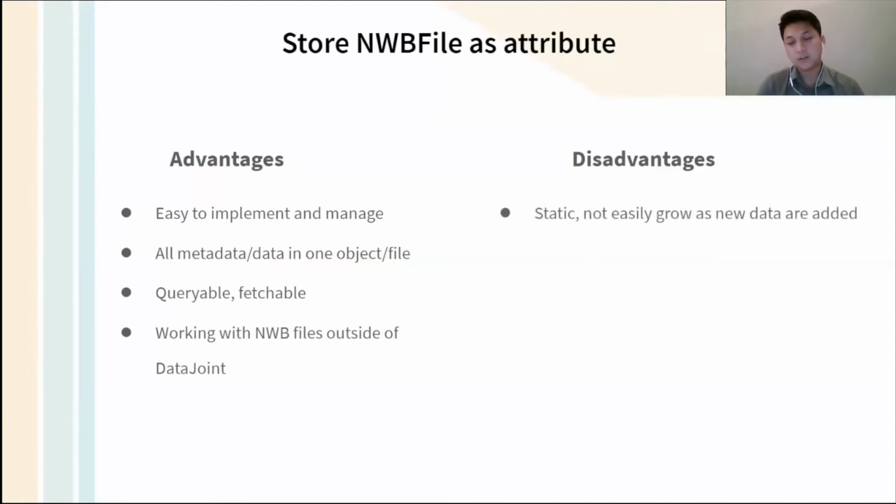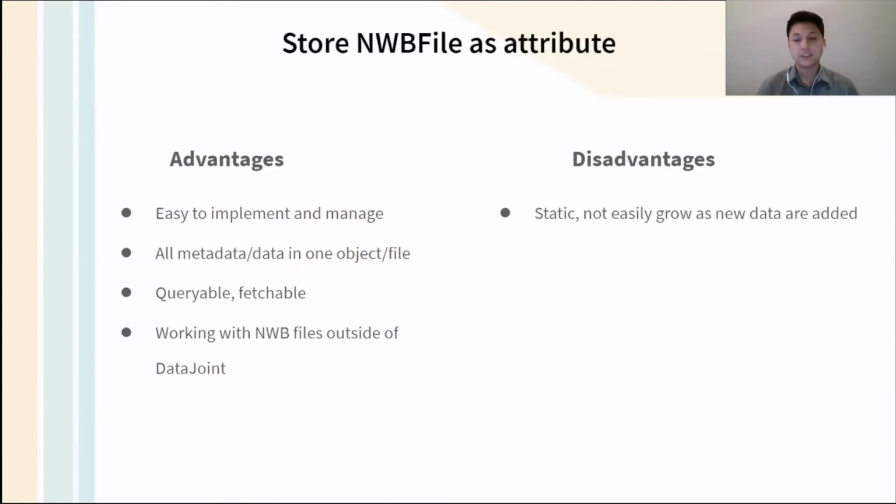However, one of the crucial disadvantages here is that the file itself is generated after the entire pipeline has been executed. So the object is fairly static and it doesn't grow as new data are added.